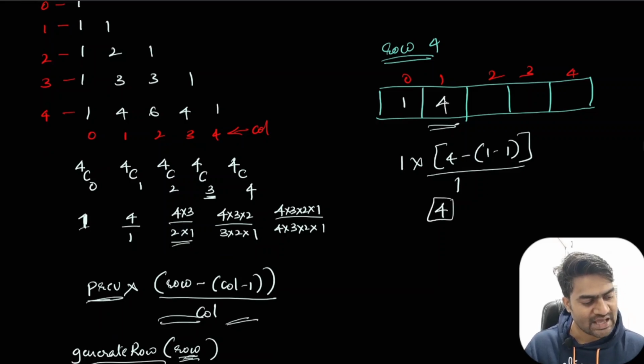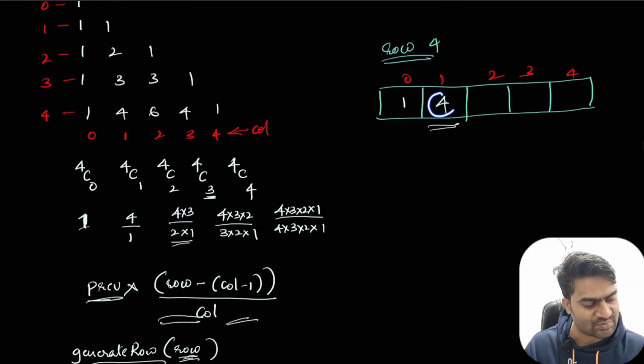Next I will move to this particular index. For that, I will remove this part. Now my previous value will be this 4. Then our row number is as usual 4 minus, then column number is 2 minus 1.